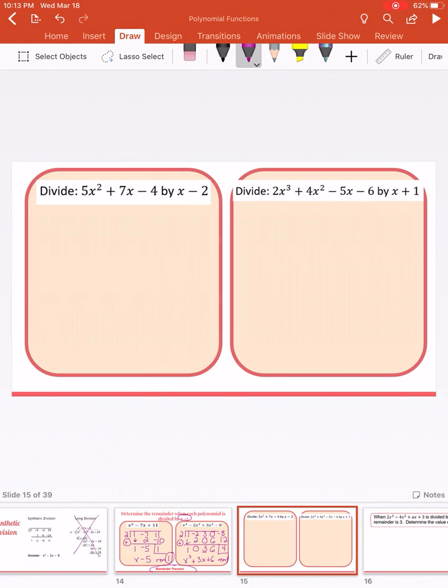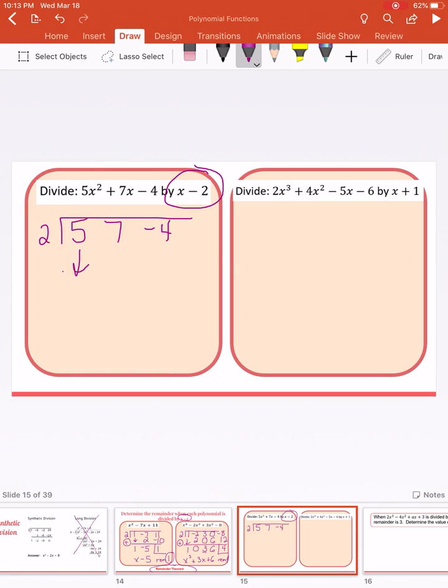Okay, so here's a little more division. So again, I'll take the 0. My 0 of x minus 2 is 2. I'm not missing any terms here, which is great, so I don't need to put a 0 placeholder in.